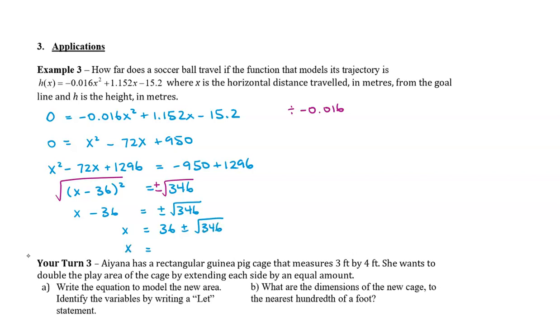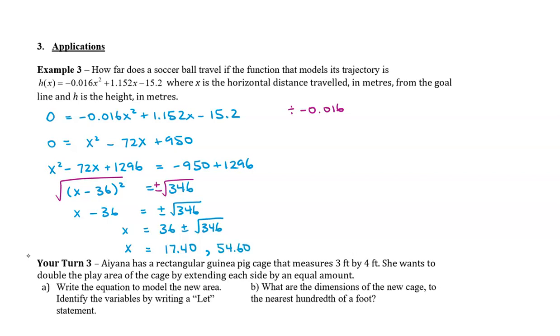So what you're going to do is go to your calculator and type these two values out. So you're going to go 36 minus the square root of 346. So I'll do that on my calculator. I get 17.40. Now I'm going to type in 36 plus the square root of 346. And when I do that on the calculator, I get 54.60.